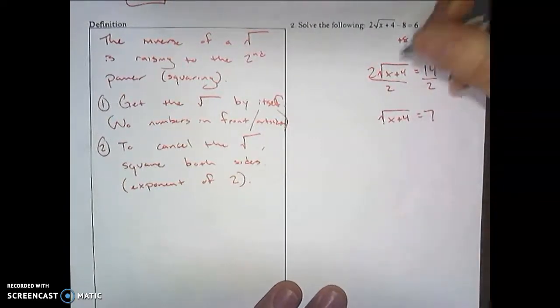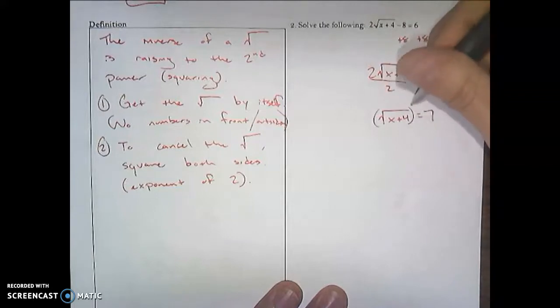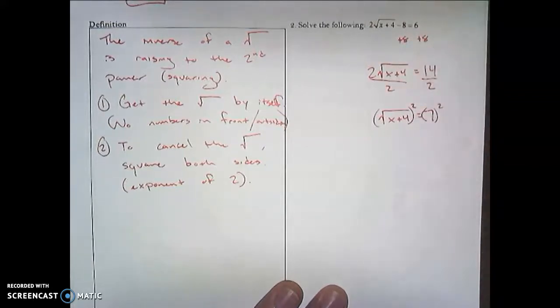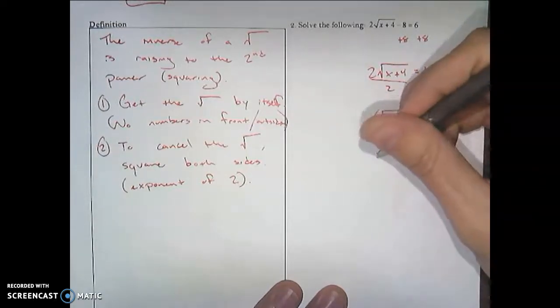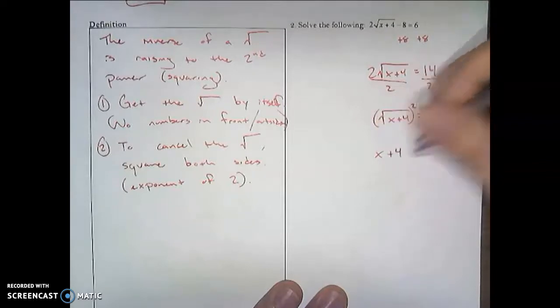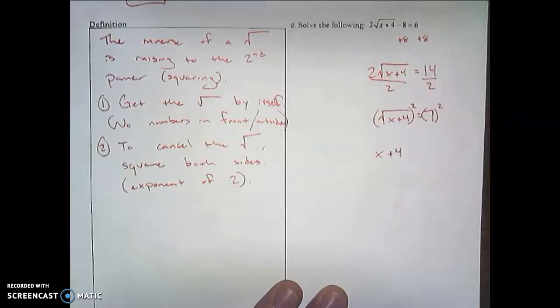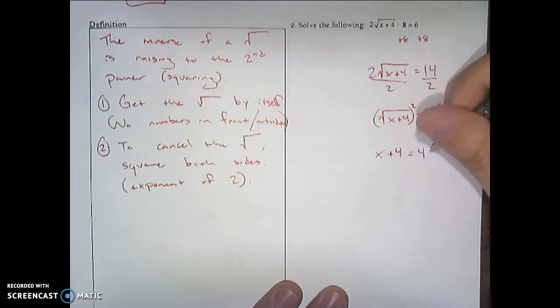In order to get rid of that square root, we're going to square both sides, or raise both sides to the second power. So the square root and the square, they cancel one another out. They're inverse operations. So all that's left is what's inside, is x plus 4. On the other side of the equation, we have 7 squared, or 7 times itself 2 times. 7 times 7, which is 49.